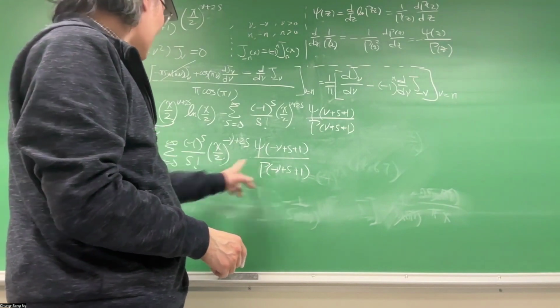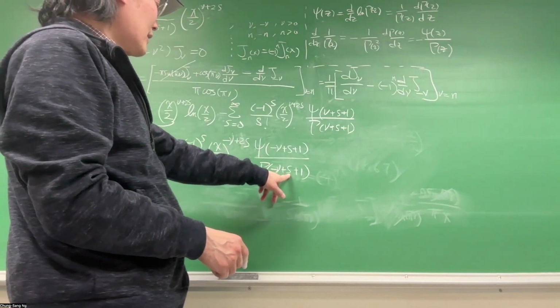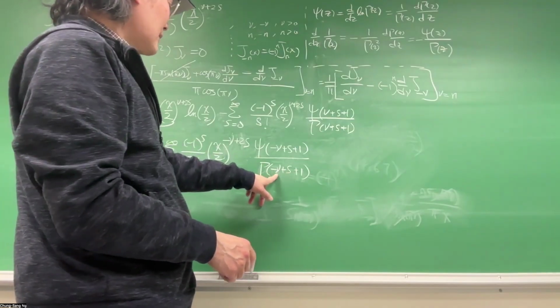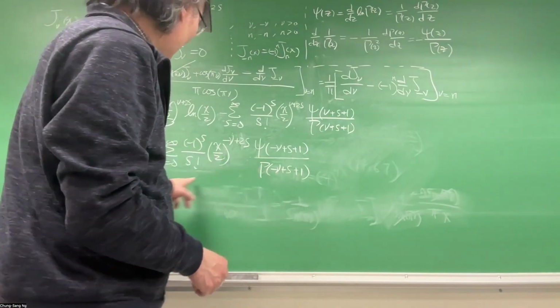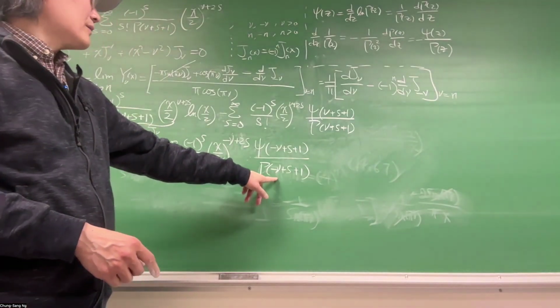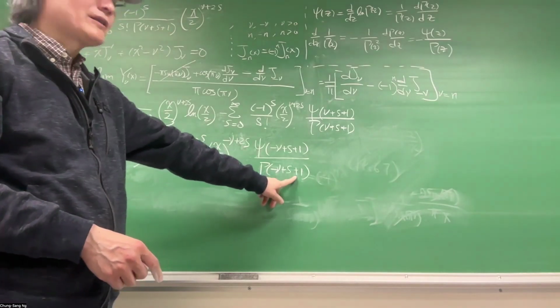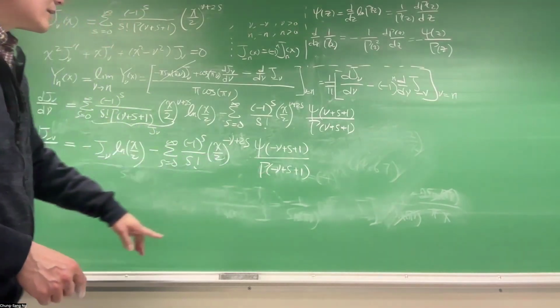Then from s going from 0 to infinity, somewhere along the line, up to a certain integer of s, all these will be singular because you have a negative integer, so minus n plus s plus 1, right?